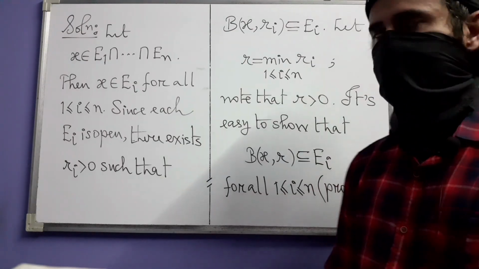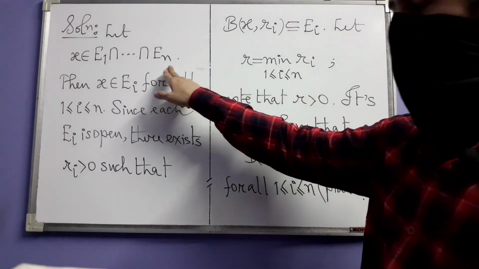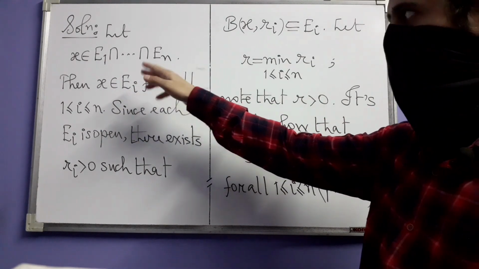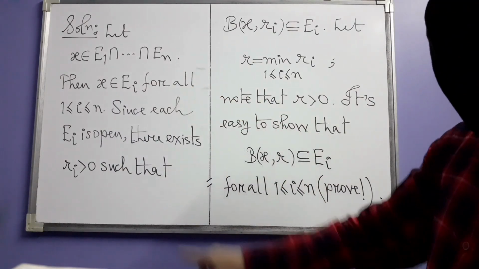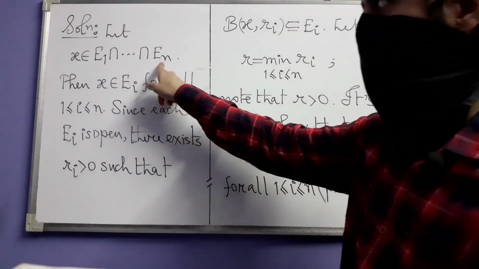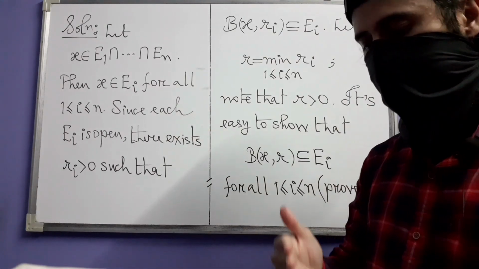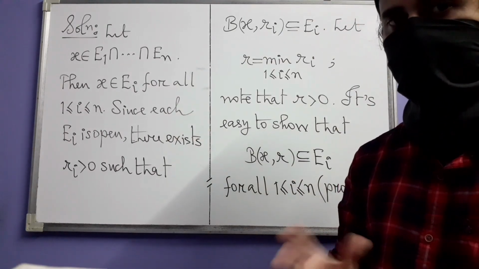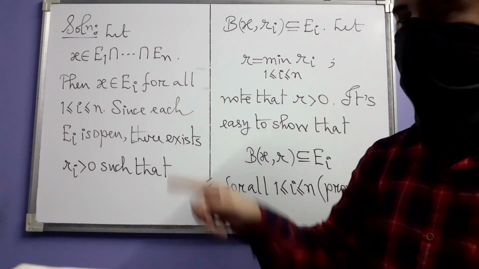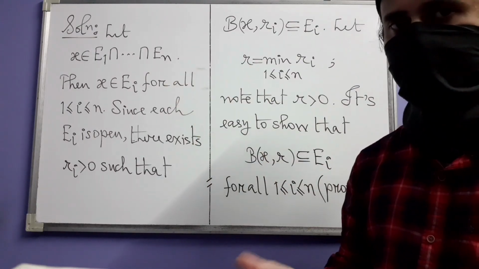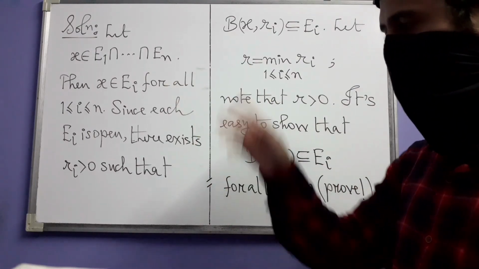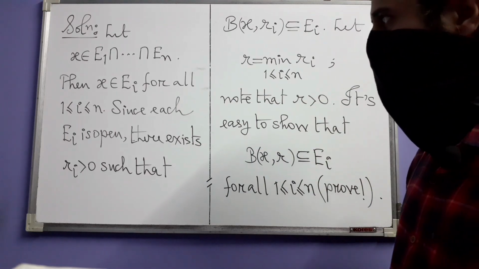In the solution, let us first show that this intersection is open, and keep in mind that each Ei is open. So we take any point x in the intersection, and we have to prove that x is the center of a ball with some radius that is entirely contained in the intersection. Then the intersection will be open by one of the previous parts.